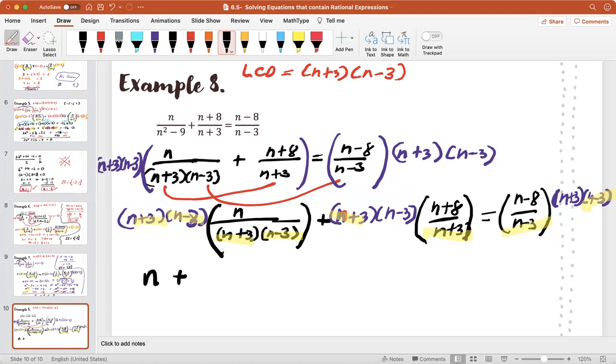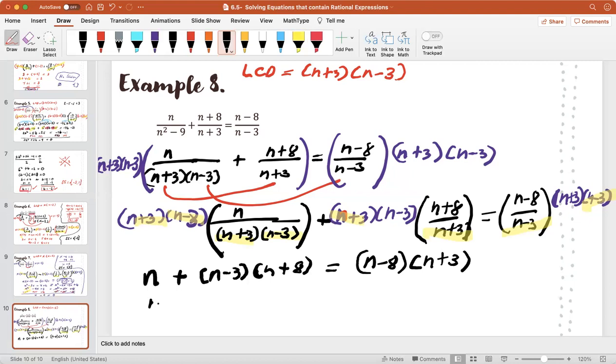Note that that's plus. We have n minus 3 times n plus 8 equals n minus 8 times n plus 3. Let's FOIL.